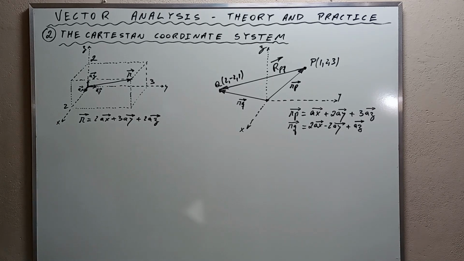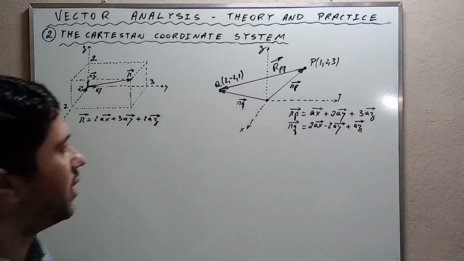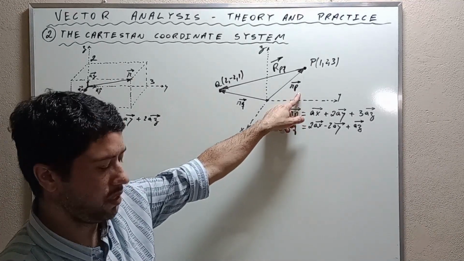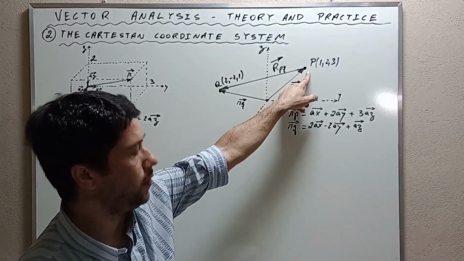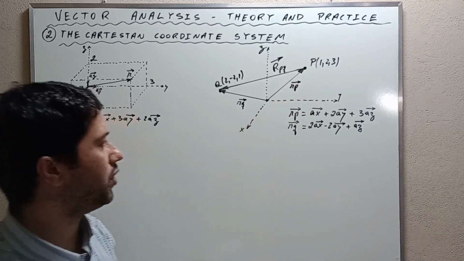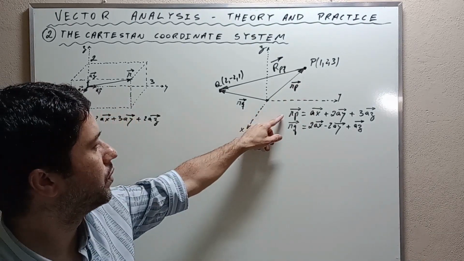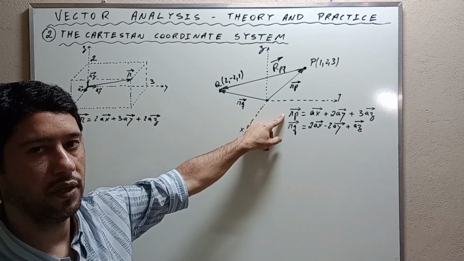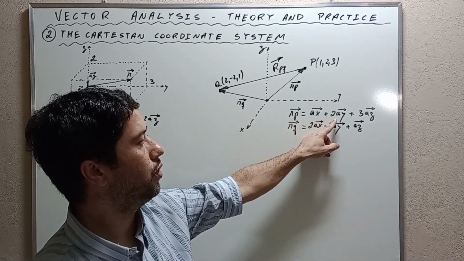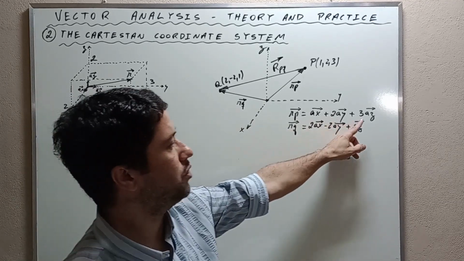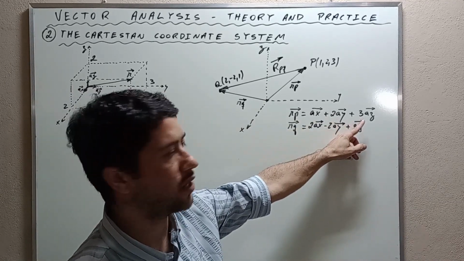Now let's take a look at vector addition and subtraction using the Cartesian coordinate system. A vector rp pointing from the origin to point P is written as 1 in the x direction plus 2 in the y direction plus 3 in the z direction.